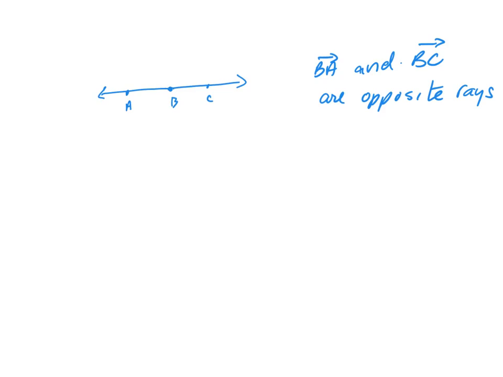So if I have a bunch of angles that come out of here, same thing: 1, 2, 3, 4. And let's name this one 5. The measurement of angle 5 equals the sum of 1, 2, 3, and 4.